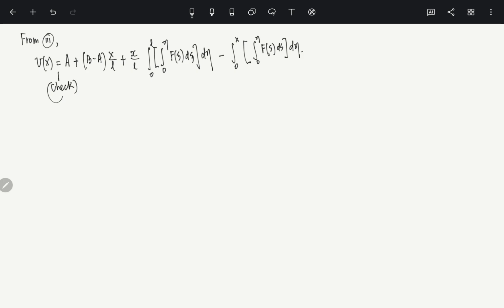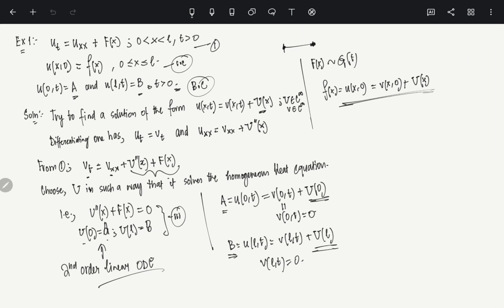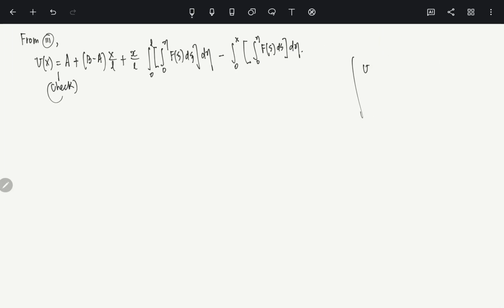I am writing it in a general form, that is why it looks so complicated. In a specific problem, f will be given to you. Let's say u double prime of x plus the given F, say something exponential, equals 0.